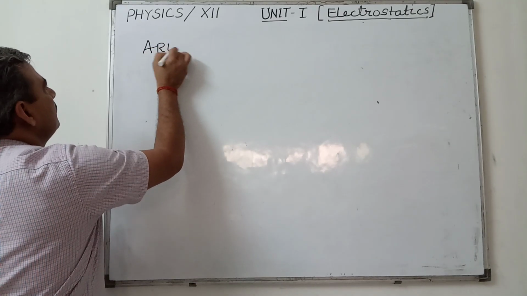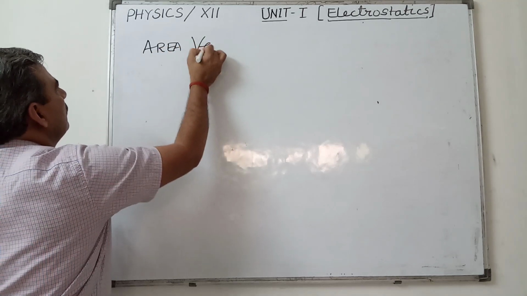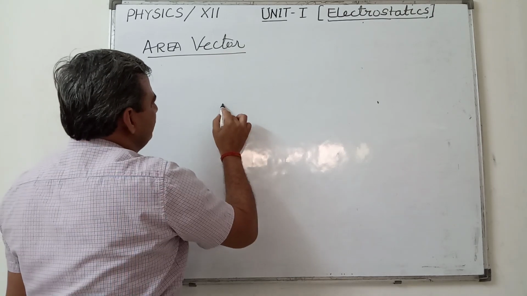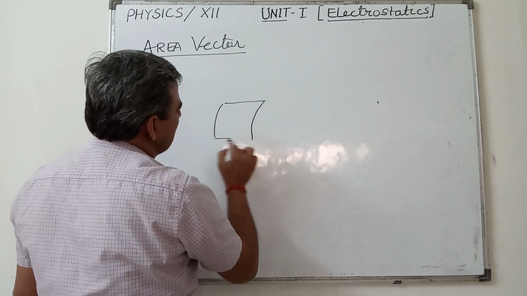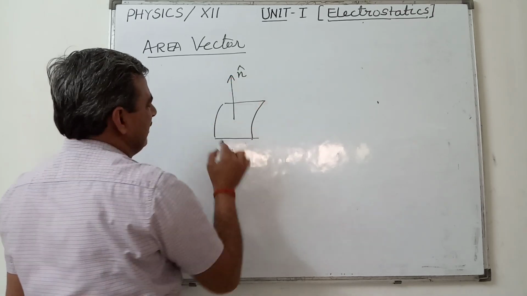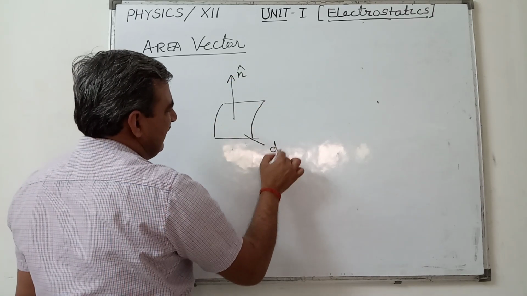Area vector. Suppose you have a plane surface, and this is the normal to the surface represented by unit vector n, and the area of the surface is say ds or delta s.